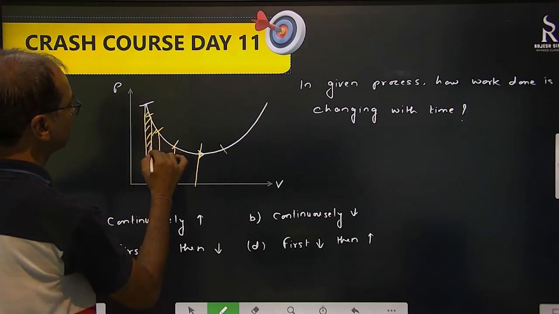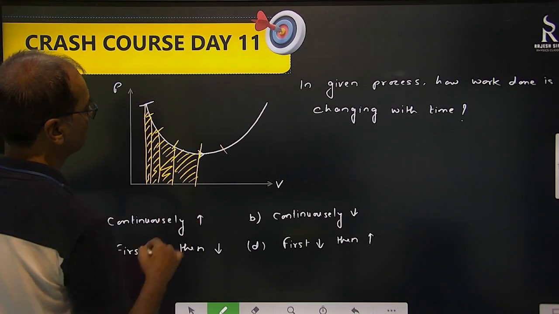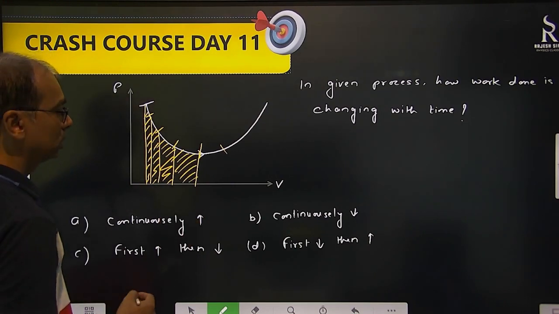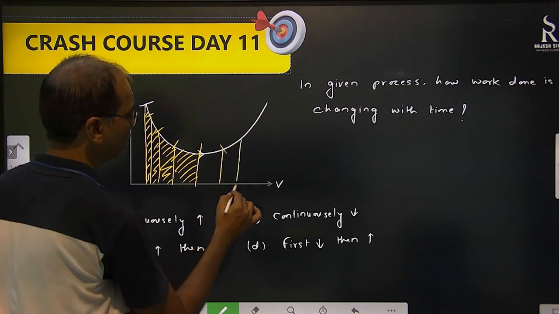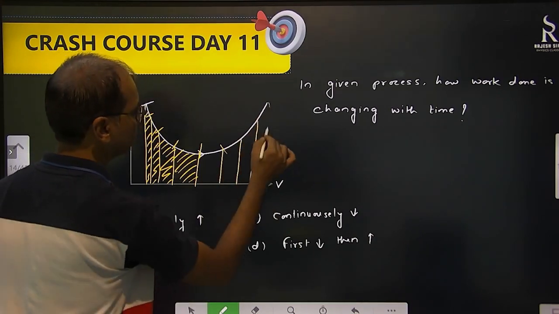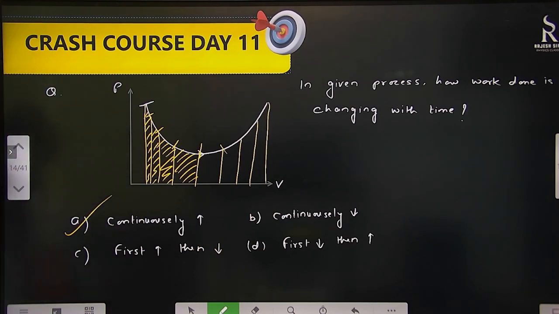In 2 seconds, this also added. 3 seconds, this is also added. Fourth second, this is also added. So, it's increasing continuously. Fifth second, this is also added. Sixth second, this will be added. Seventh second, this will be added. Eighth second, this will be added. So, our answer is, okay. Work done is continuously increasing with time.